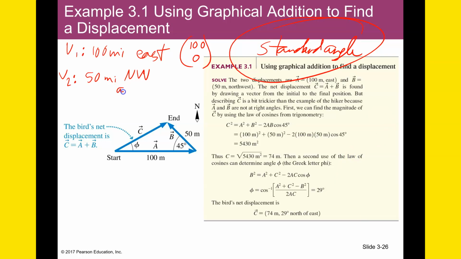So instead of northwest, I'm going to say at 135 degrees. And then the way that I can get it into components is simply by saying it's 50 cosine of 135 for my horizontal component and 50 sine of 135 for my vertical component.